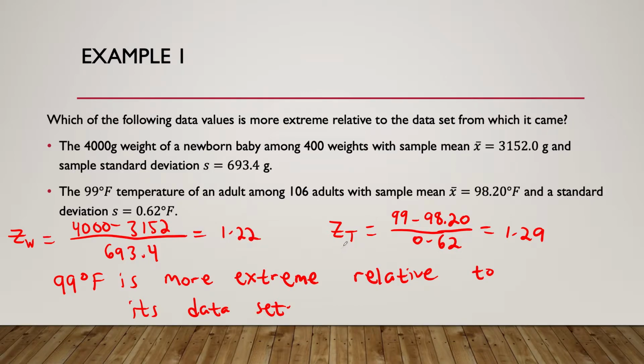For the temperature, the z-score is 99 minus 98.20 divided by 0.62, which gives 1.29. So 1.29 is the higher z-score, and as such, 99 degrees Fahrenheit is the more extreme value relative to its data set.